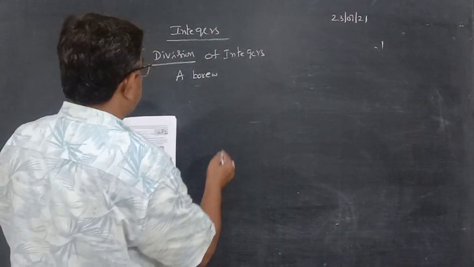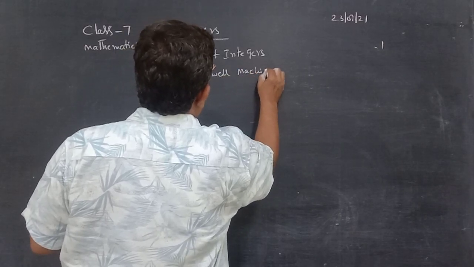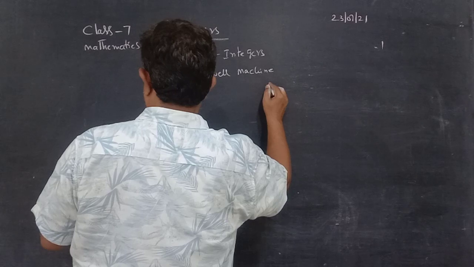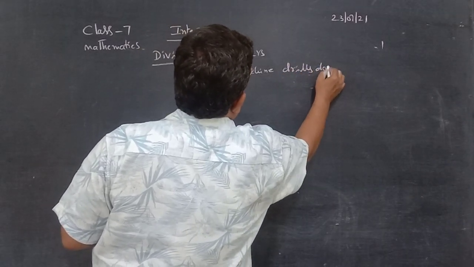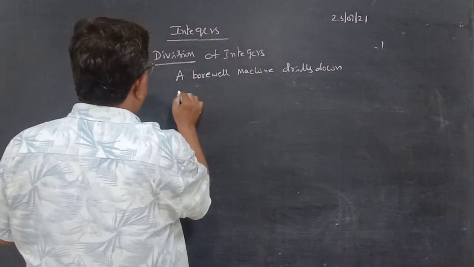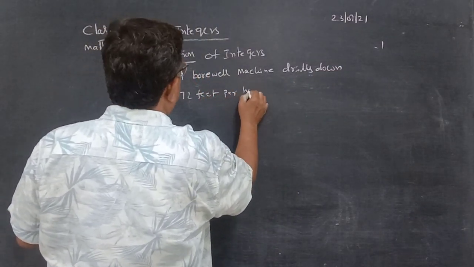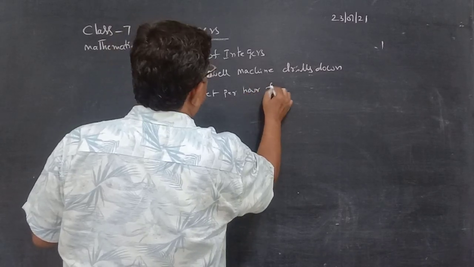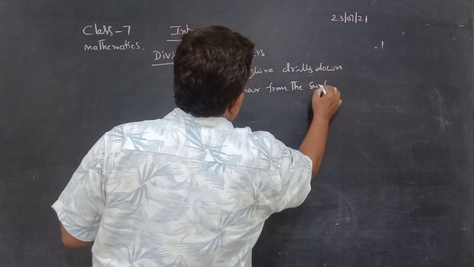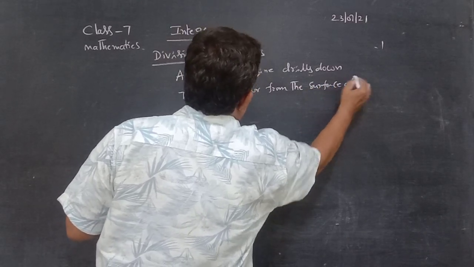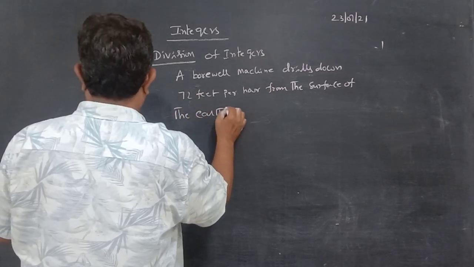A borewell machine drills down 72 feet per hour from the surface of the earth.